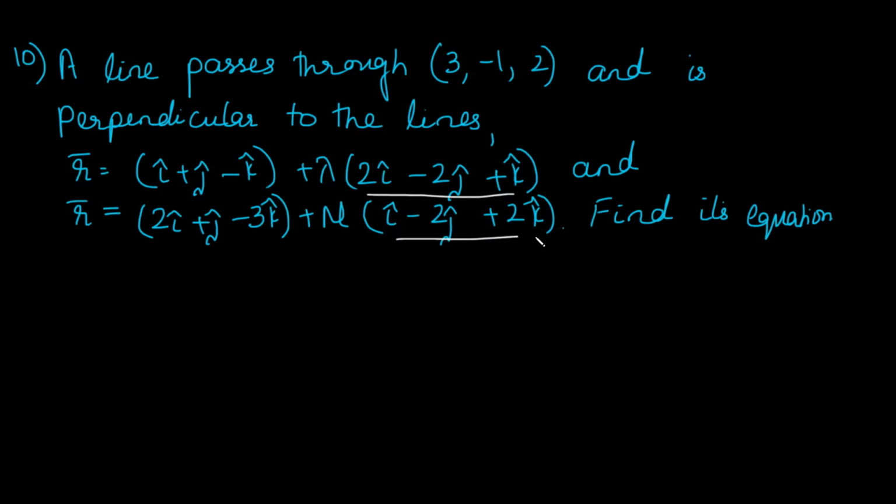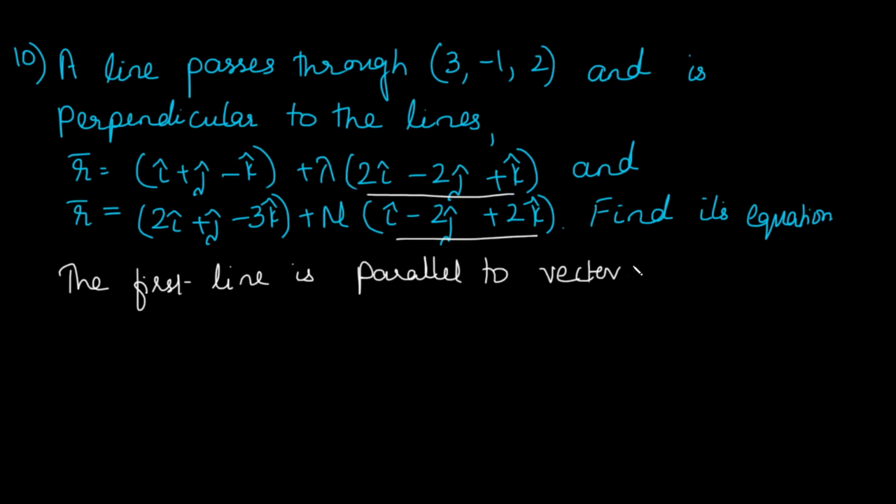The first line which is given to us is parallel to vector B, which is 2i - 2j + k.